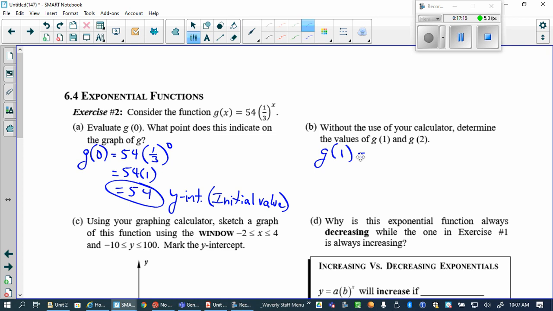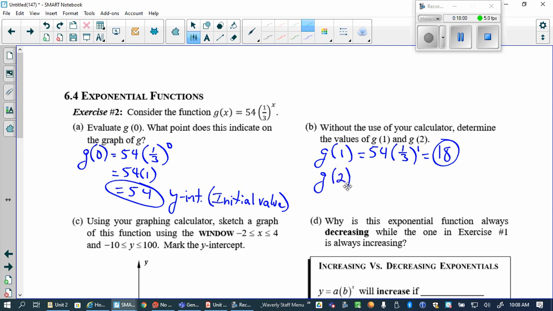So basically it's just 54 divided by 3. 3 goes into 5 once with 2 left over, 24, 3 times 8. Yeah, 18, right? What's 1/3 to the first power? 1/3. So that's 18.